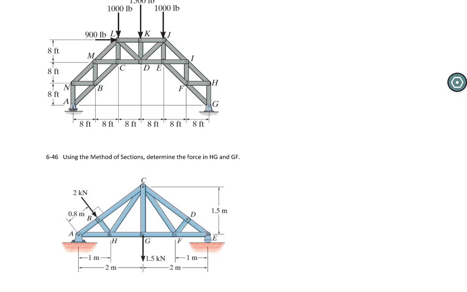Another way to look at it is looking for some obvious things. If you know that this over here is a zero force member, you can by observation know that this one is a zero force member. You know that these are collinear pairs, and if that's the case, this one is equal to that one.